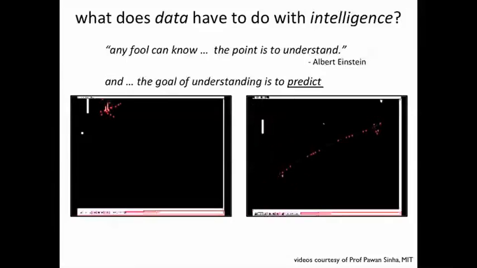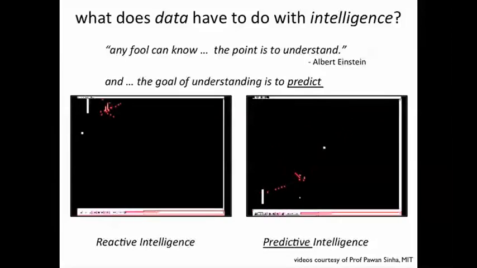It's quite simple. The player on the left is reacting to where the ball is, whereas the player on the right is predicting where the ball is going to go. If you were to wonder which kind of game you played, what would your guess be?